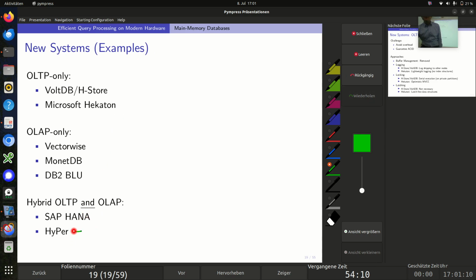Then there's HyPer, which was sold to Salesforce nowadays. The successor from TU Munich was Umbra. There's also a file-based one called DuckDB, and another one implemented by a colleague called LingoDB.